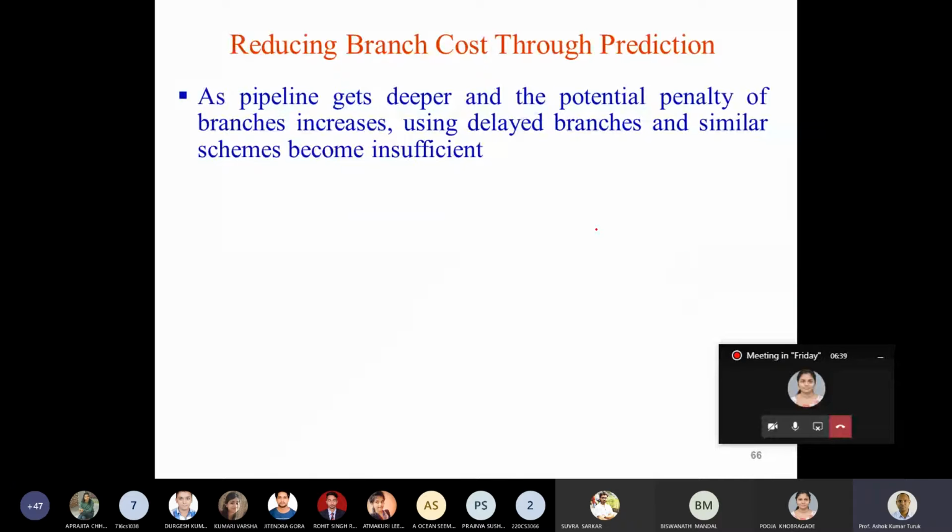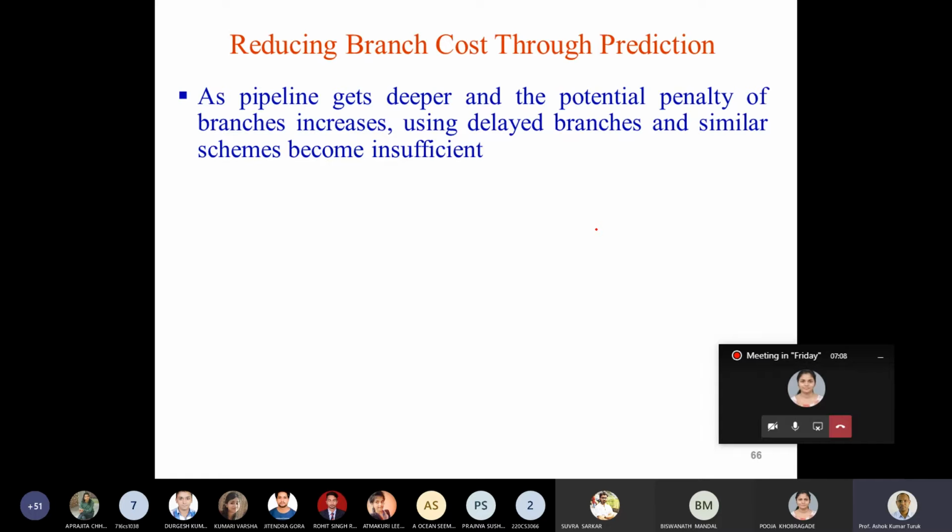Now we have discussed our 5-stage pipeline, and in the 5-stage pipeline, the branch is resolved in the instruction decode stage. So you pay a penalty of 1 clock cycle. Now imagine a processor with a 15 or 16 stage pipeline, or more than that.